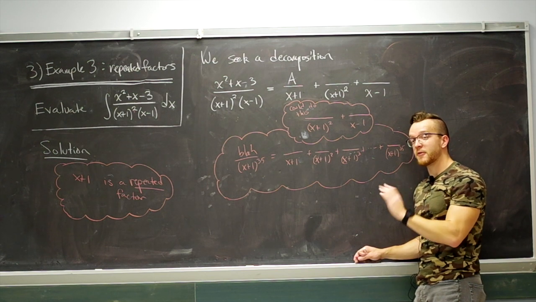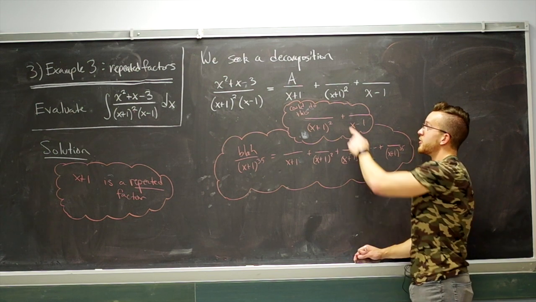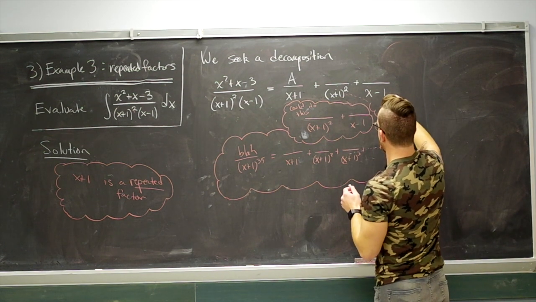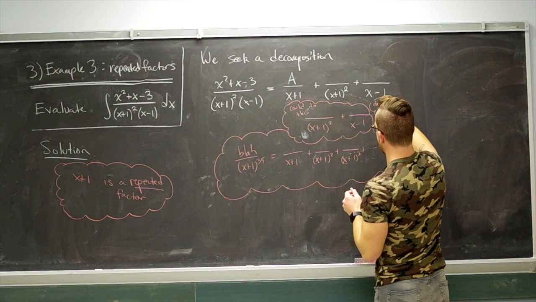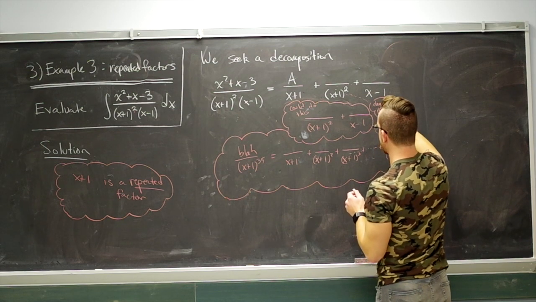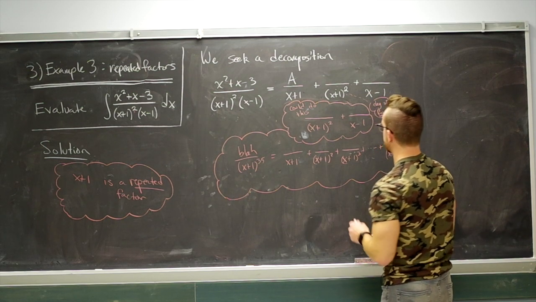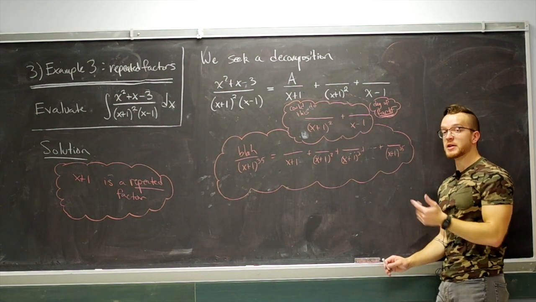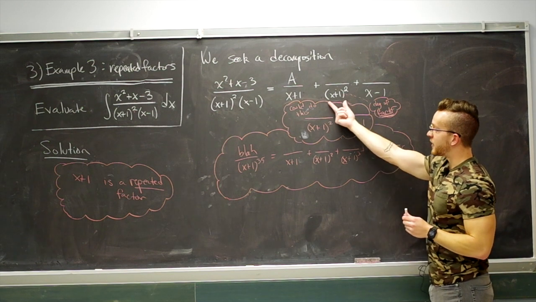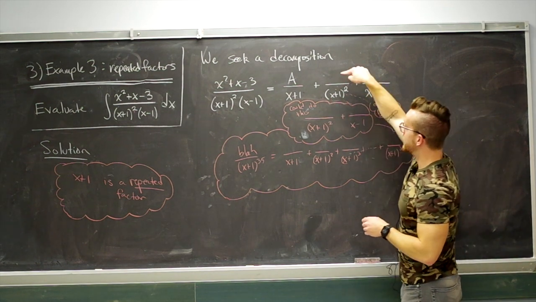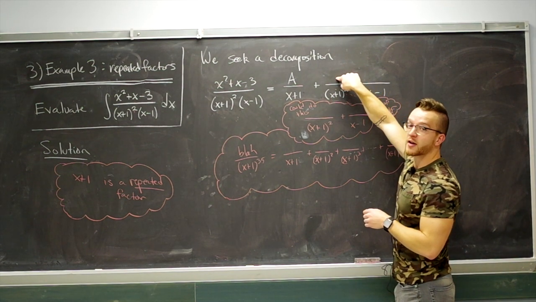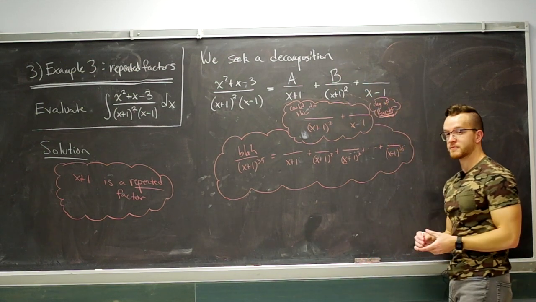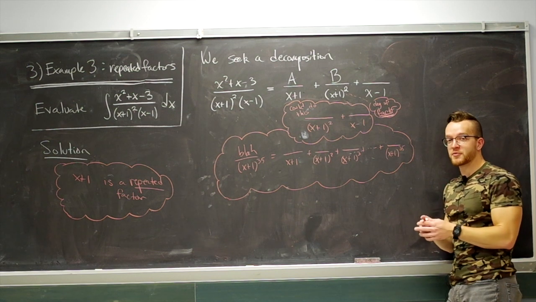It's the degree of the factor that matters. The degree of the factor here is still 1. The factor is x plus 1. It's just repeated. But because the factor is x plus 1, which is degree 1, you just need a constant on top. You just need a degree 0 expression. That can be a little confusing.